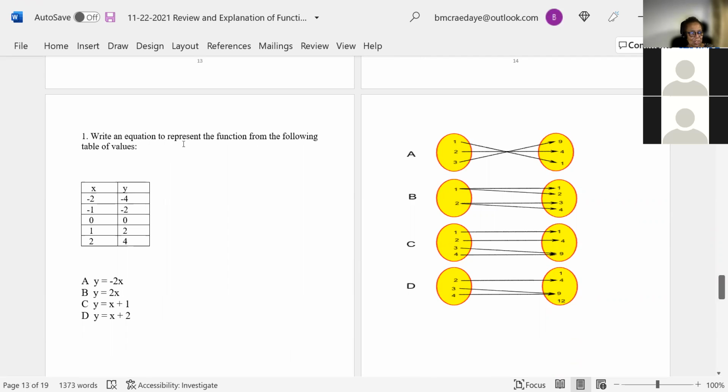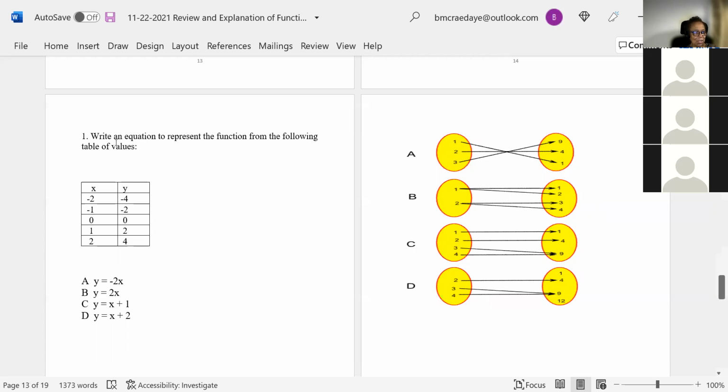Write an expression to represent the function from the following table of values. Now, Audrey, I want you to look at X and Y. Latoya disappeared. Latoya. I don't know if she's up. No, I'm here. Oh, you are? Okay, well, solve number 1. You and Audrey, solve number 1. This is a multiple choice. You have a table of X and Y values.